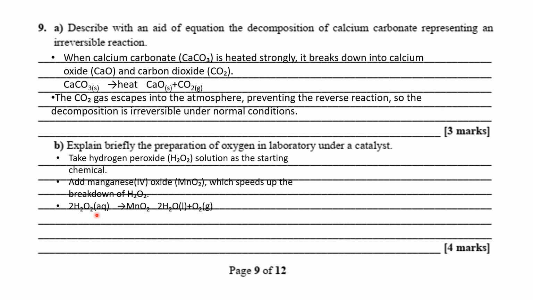All right. So hydrogen peroxide and the manganese dioxide as the catalyst will produce water and oxygen. So it is the oxygen which we need in this process. The oxygen gas is released, collected over water in a gas jar or cylinder. 4 marks for these 4 points.